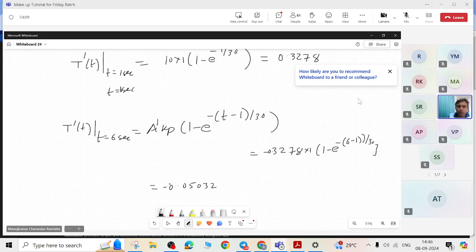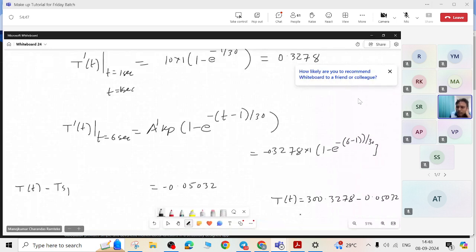Now this is nothing but TT minus TS1, isn't it? And what will be TS1? TS1 will be 300 plus this, isn't it? So in this case, TT will be 300.3278 minus 0.05032.